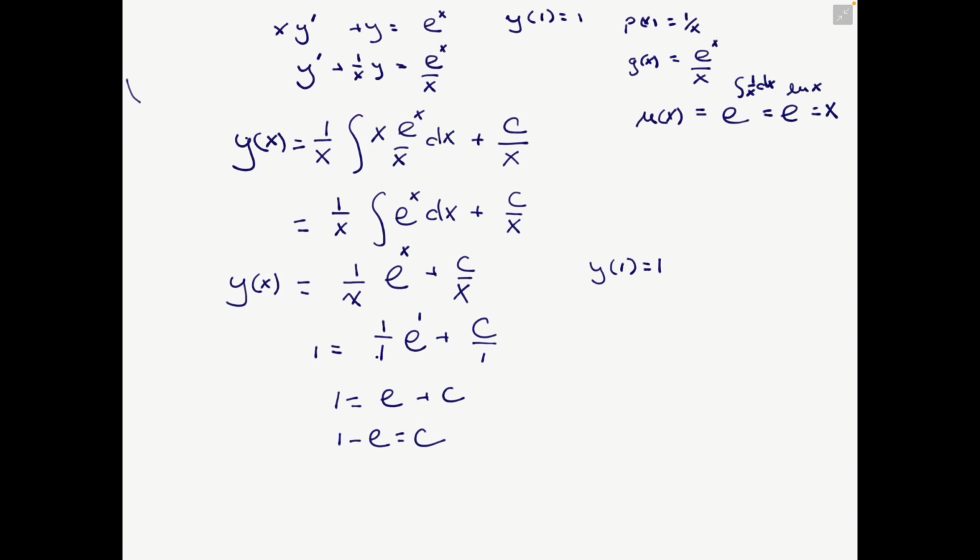So, therefore, we have y of x is equal to e to the x on x plus 1 minus e on x, equals 1 on x times e to the x minus e plus 1. But e is 2.718.